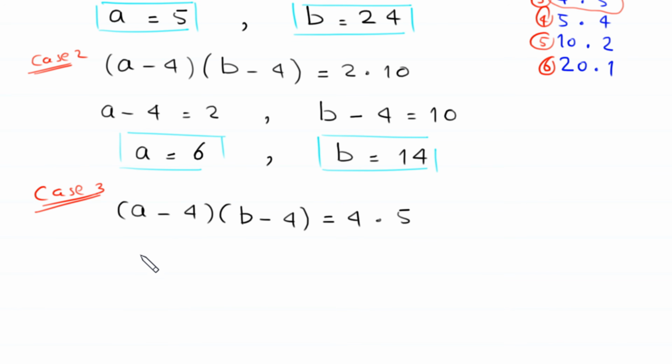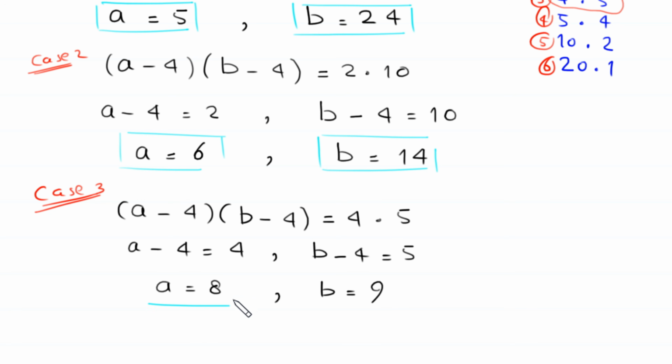So this a minus 4 will be equal to 4. This b minus 4 is equal to 5. From this equation we get the value of a is equal to 8, and from this equation we get the value of b is equal to 9. So from this case we get the value of a 8 and value of b 9.